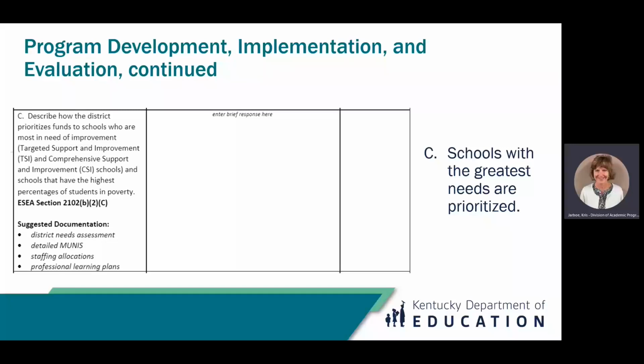And typically this can be found and linked to the needs assessment and your district improvement plan. But if there are TSI or CSI schools in your district, we'd like to see how you're using these funds to support those schools.